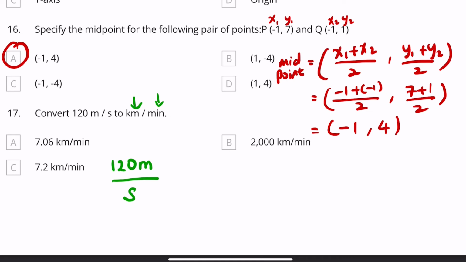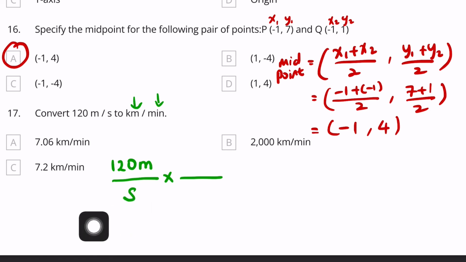So the first thing you want to change is the time. You want to change the second into minute, so you want to cross out the s. Over here, the bottom part, we have second.